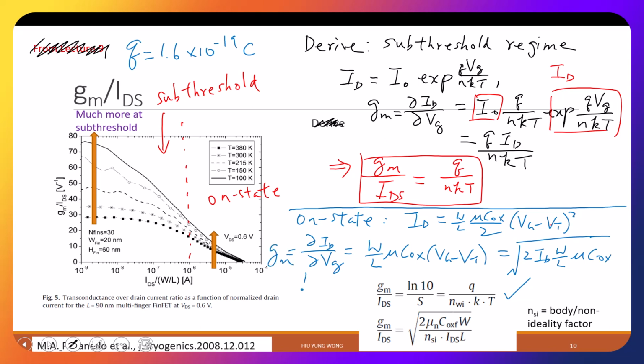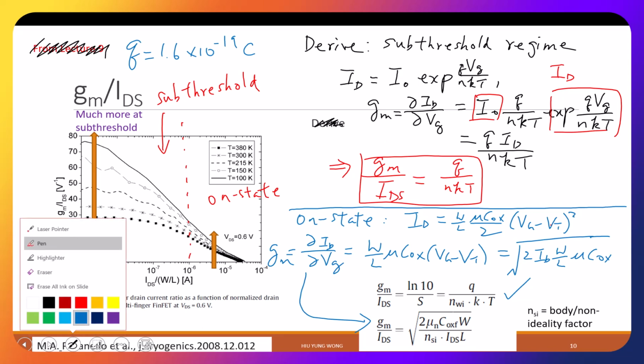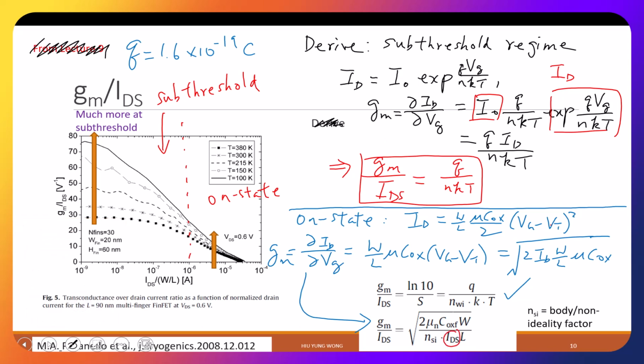Then if you want to find GM divided by ID, eventually you will find that it actually depends on the ID itself. If I have a larger ID, I actually have a smaller GM over ID, not that efficient. So in this regime, I actually want to go to smaller ID, and then I have larger GM over ID. So efficiency is better.